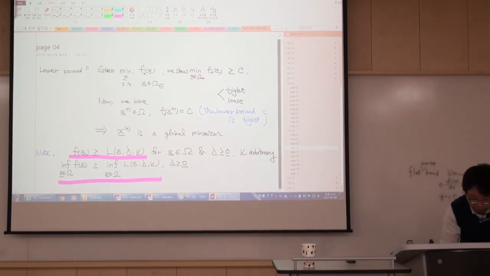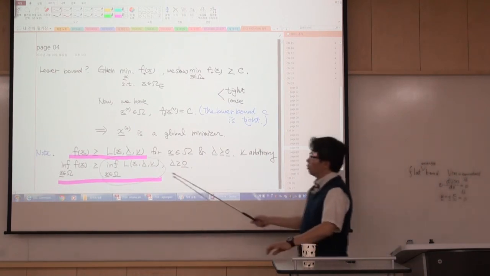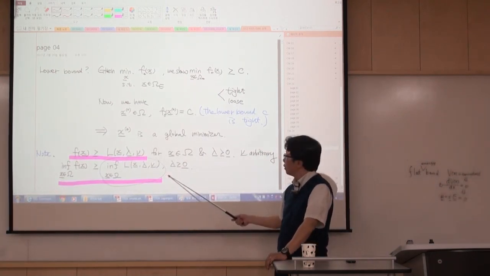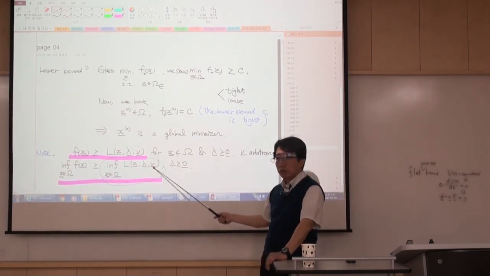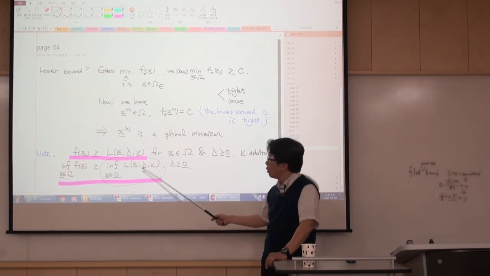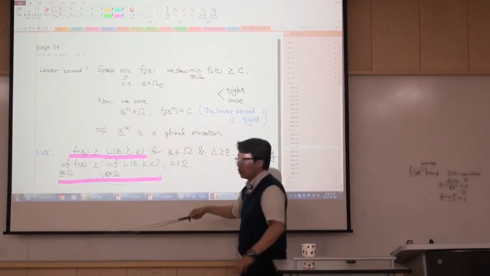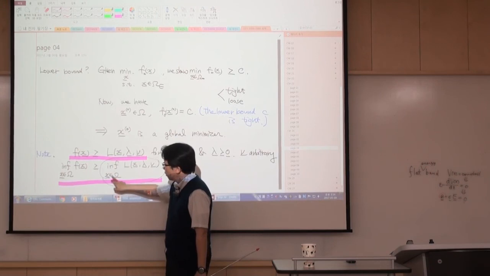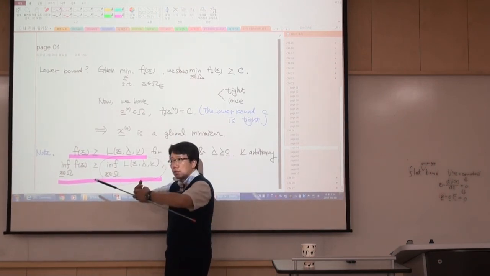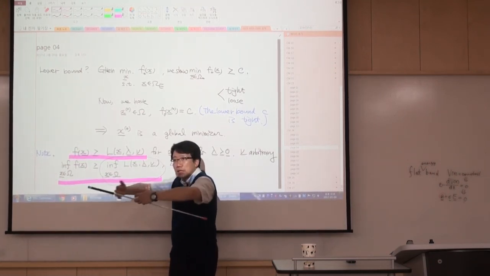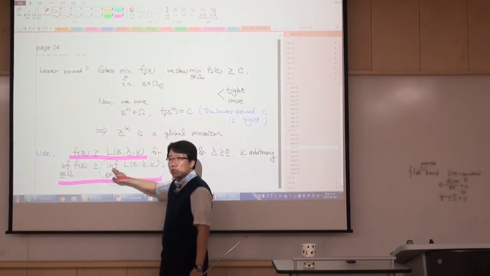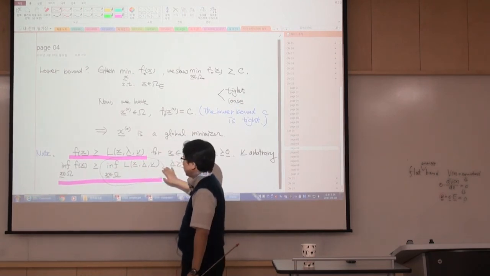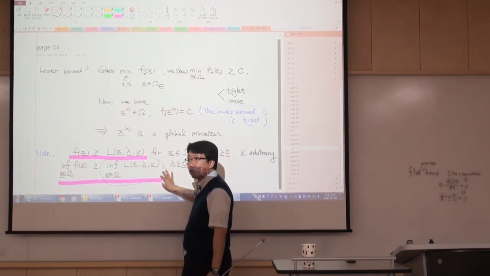Now, let's try to lower bound this one. Given lambda that is non-negative, and arbitrary nu, how can you find the lower bound? If you make the constraint set a little bit bigger, then your infimization, minimization may have a lower function value, right?